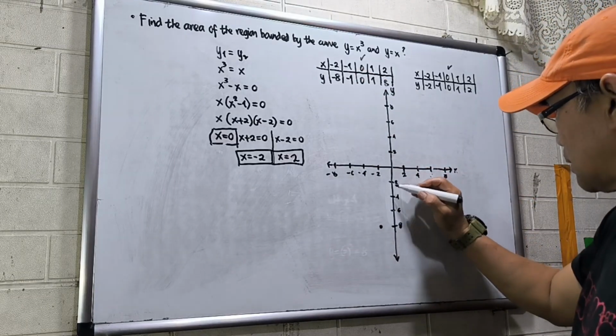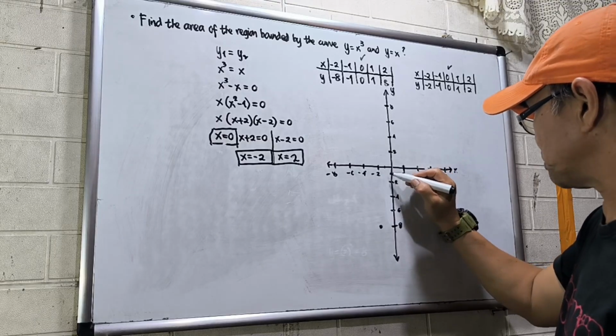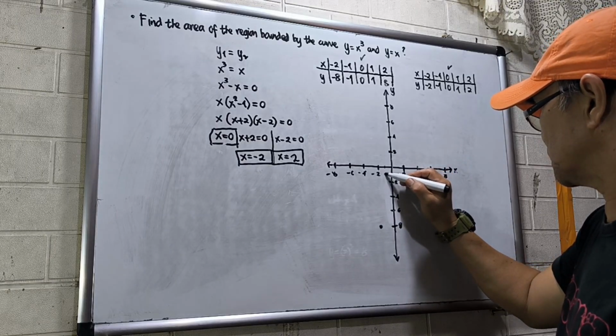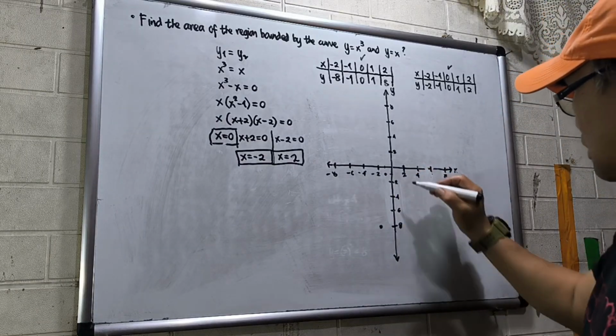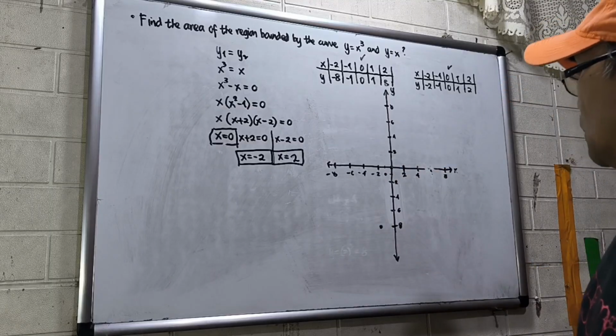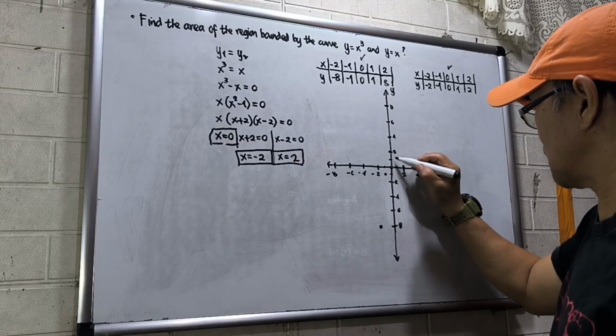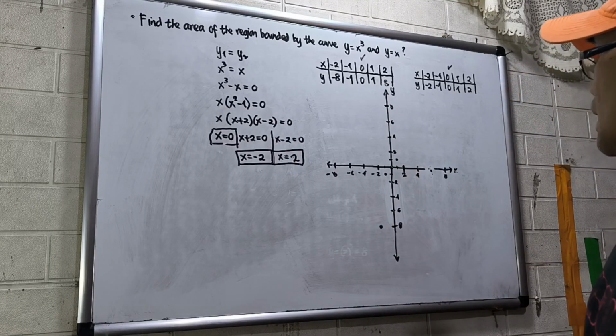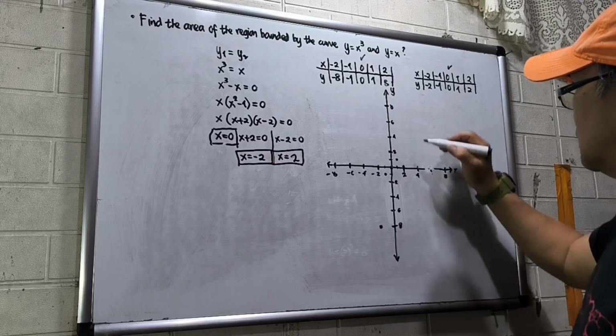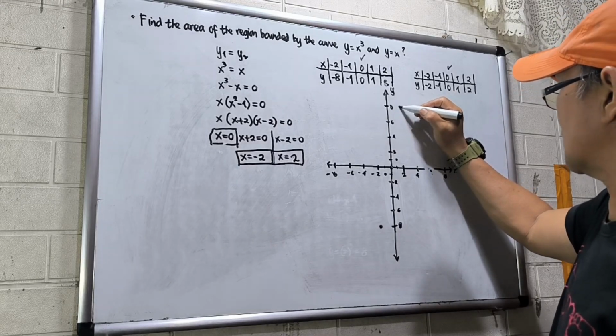Negative 1 and 1. So this one, 1. Then 0. Then 1, 1. So this one is 1, 1. Then 2, 8. This one, 2, 8.